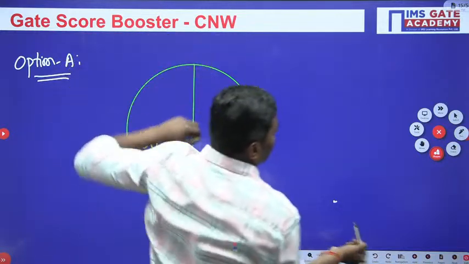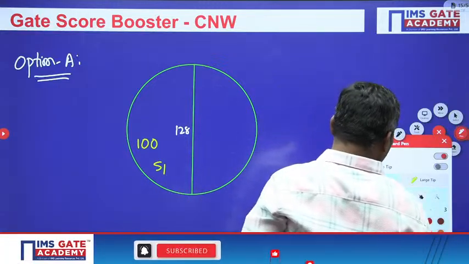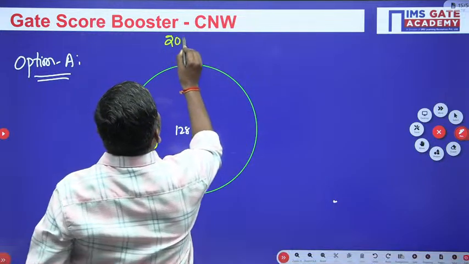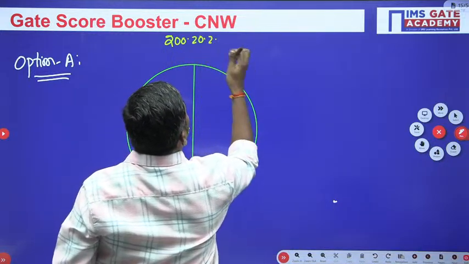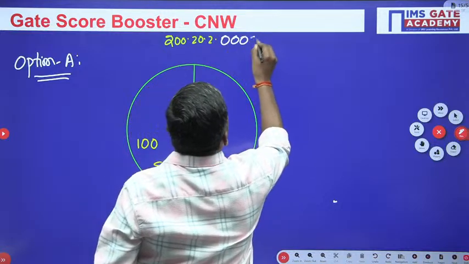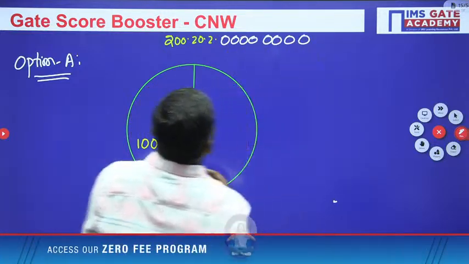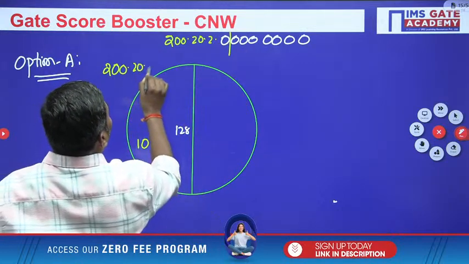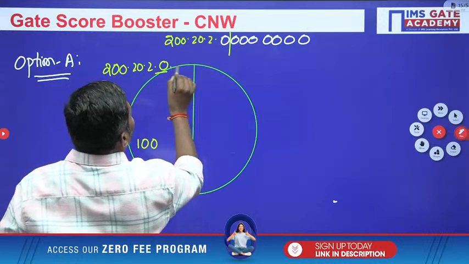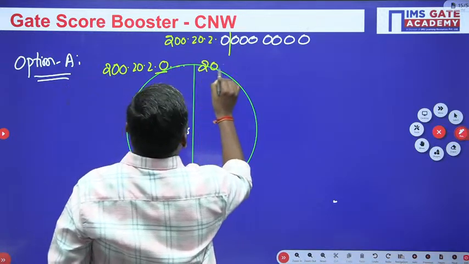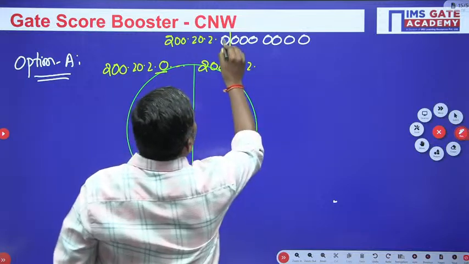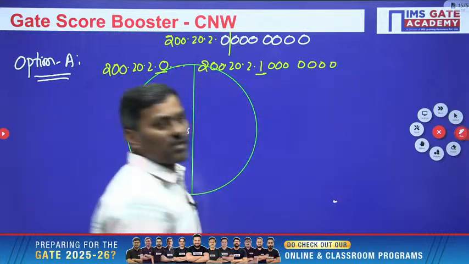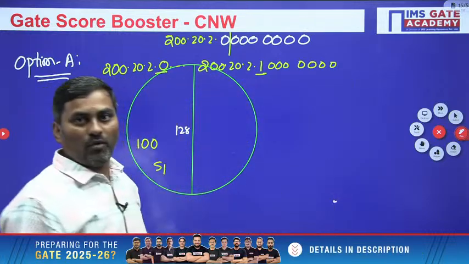If I write it as an IP address, the given address is 200.20.2.0, with 8 zero bits possible. The first bit I take is 0, so 200.20.2.0 is reserved. This part is 200.20.2., where this bit can be 1. So 1 is reserved, 0000000 like this. Understand now, the bit is 0 or 1.